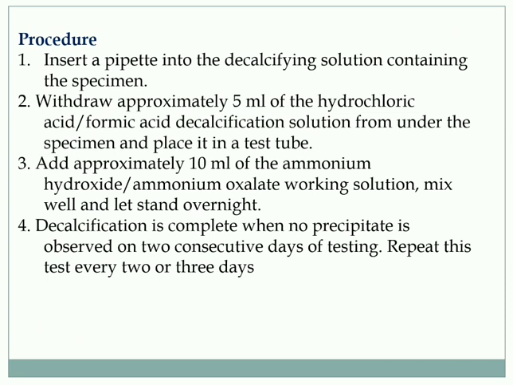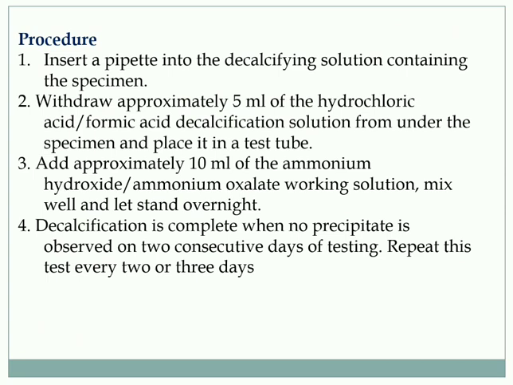Insert the pipette into the decalcifying solution containing the specimen. Withdraw approximately 5 ml of the hydrochloric or formic acid decalcification solution from under the specimen and place it in the test tube. Add approximately 10 ml of the ammonium hydroxide ammonium oxalate working solution.